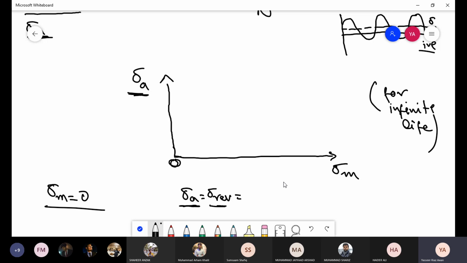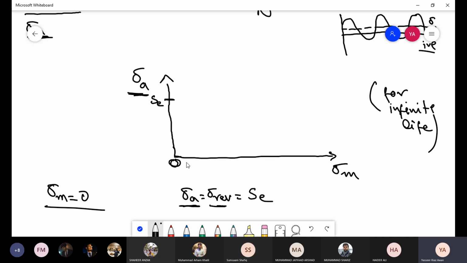What is the limit here? It has to be less than the endurance limit. So you have the endurance limit here, SE. So if the mean stress is 0, we can stress the part up to SE. The alternating component could be equal to SE. Beyond that, you will not have infinite life.